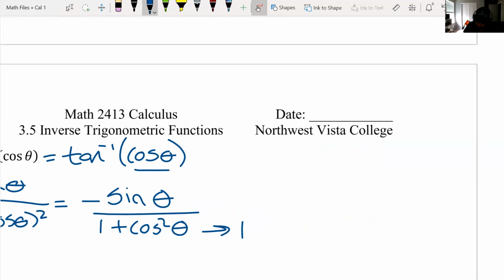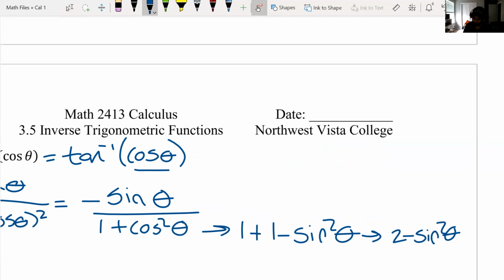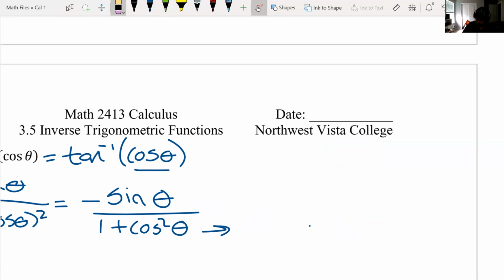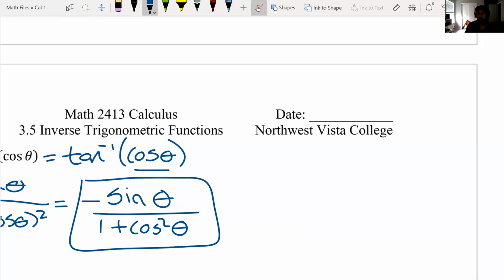Just in thought, that becomes 1 plus 1 minus sine squared theta, which becomes 2 minus sine squared theta, which would do nothing for us. So yes, we are done.